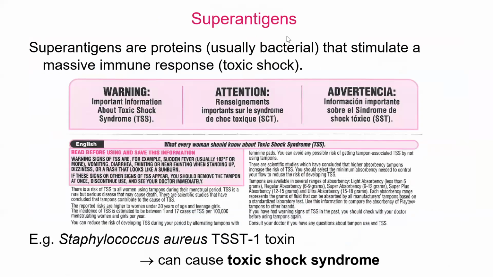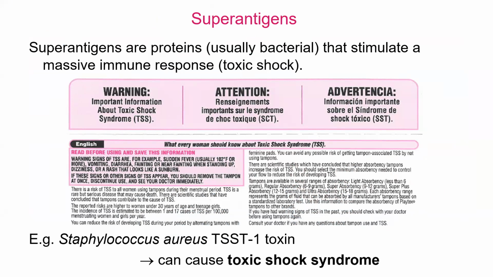So that's the slide there that talks about super antigens. Basically, a super antigen is a toxin that doesn't just do damage to the body because of its mechanism, but it's also something that's recognized by the immune system as something foreign.